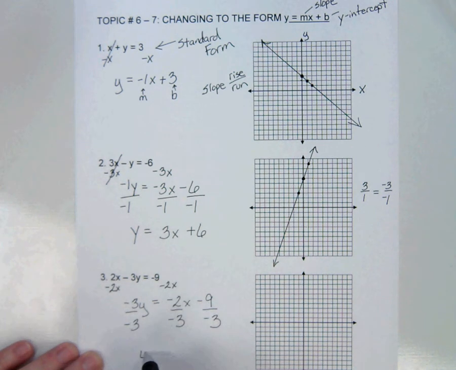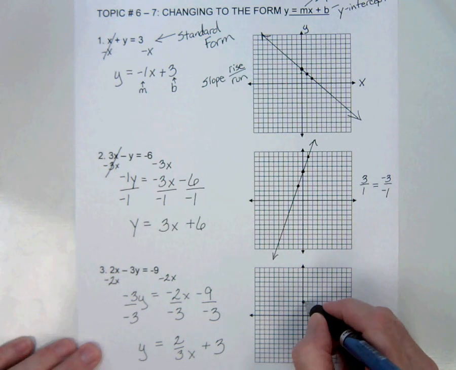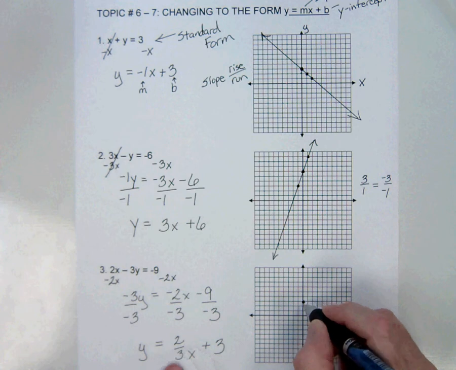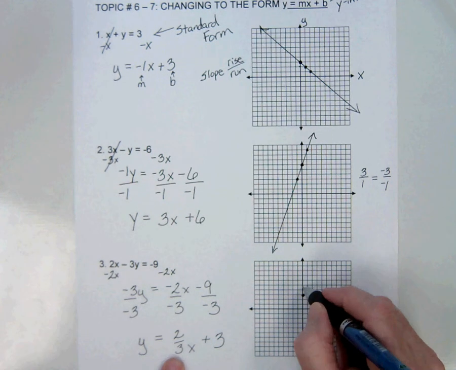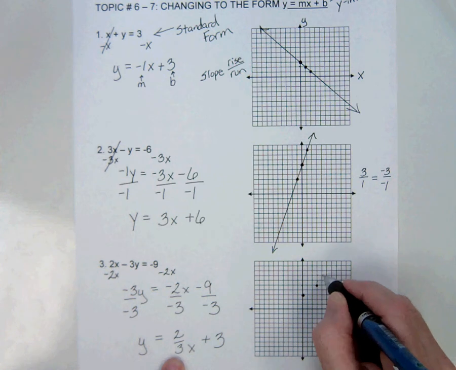This cleans up to y equals positive 2/3 x plus 3. Graphing this, you're starting at the 3, your b. From that, you're going to make this movement up 2 over 3. Up 2 over 3.